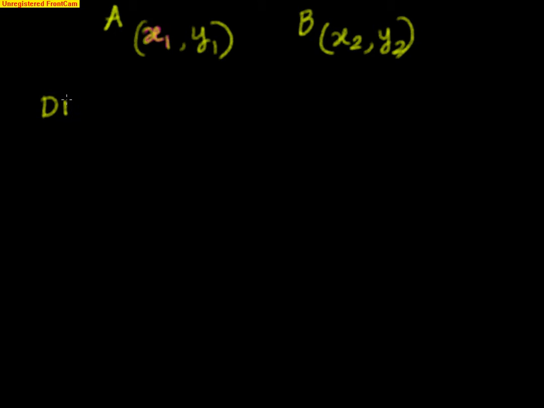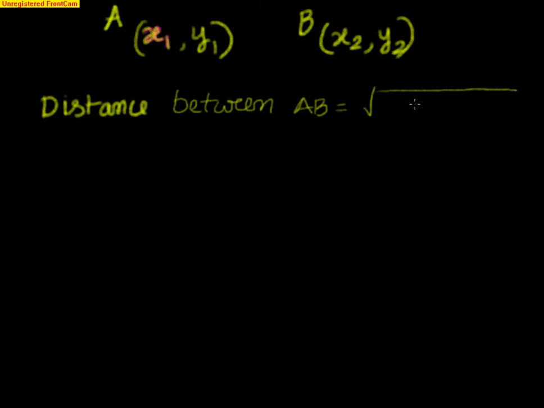Then the distance between AB is given by the square root of (x2 minus x1) whole square plus (y2 minus y1) whole square. How we achieved this is pretty simple.